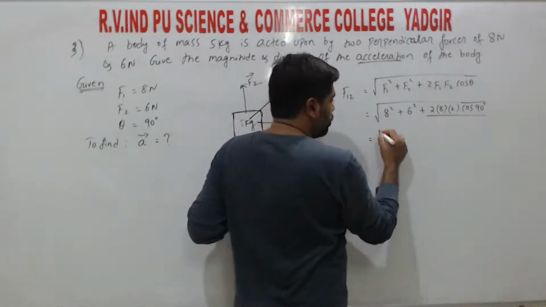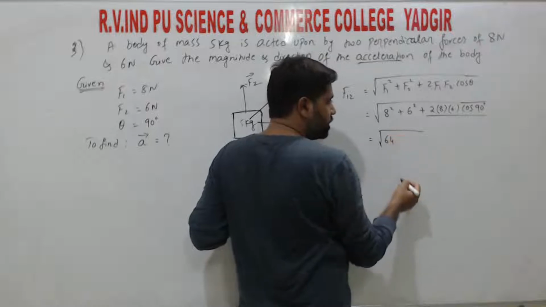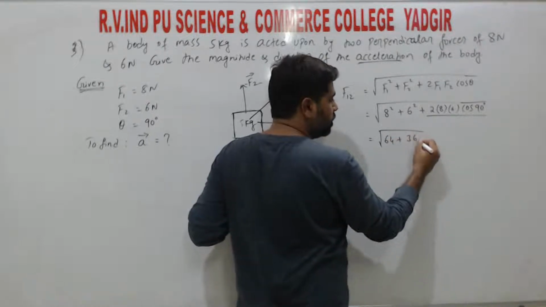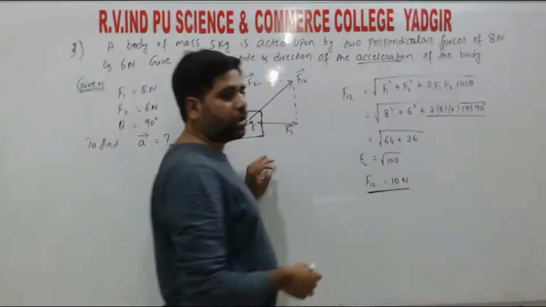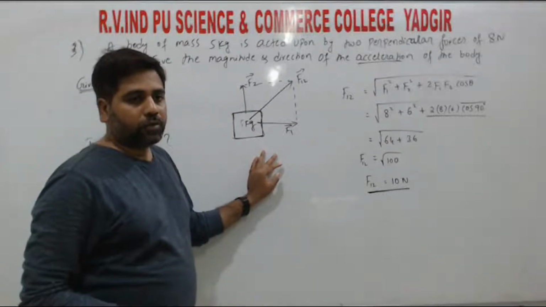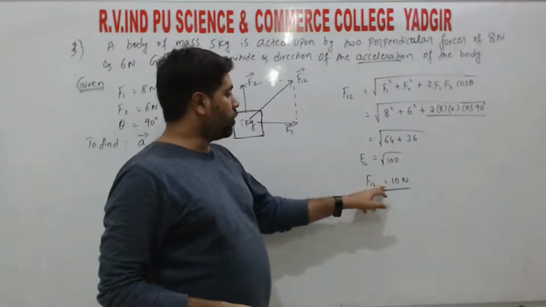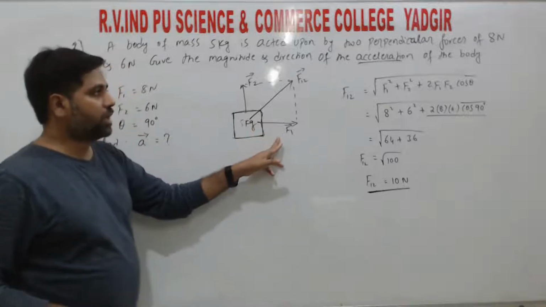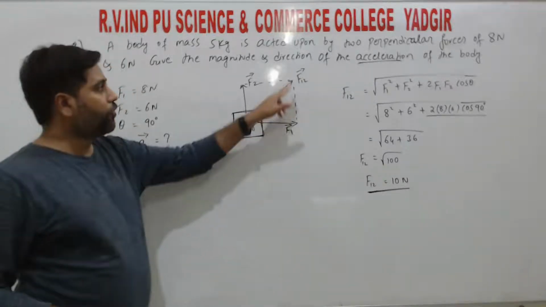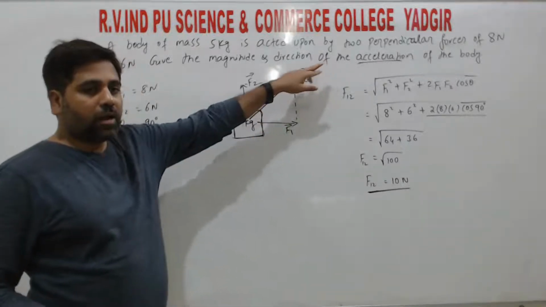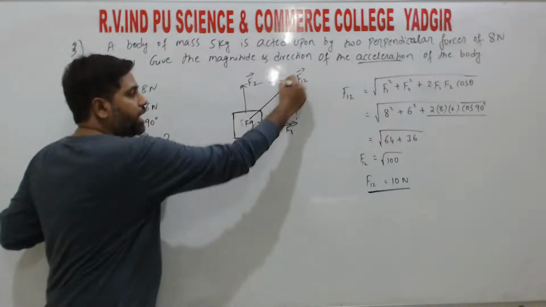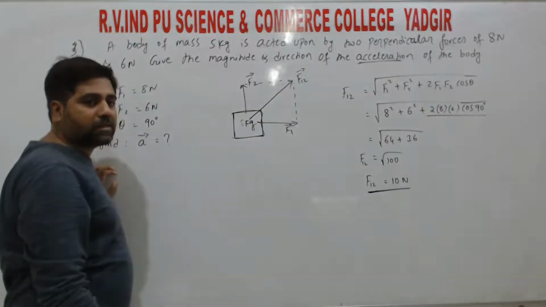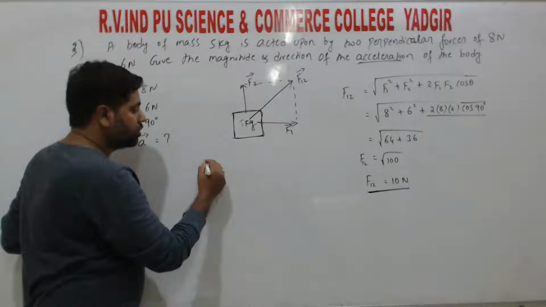So under the square root, 8 square is 64 plus 6 square is 36. So this is the magnitude of the resultant force. But we need to find the acceleration.